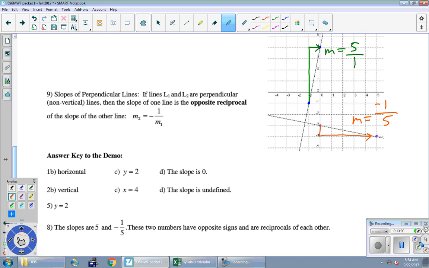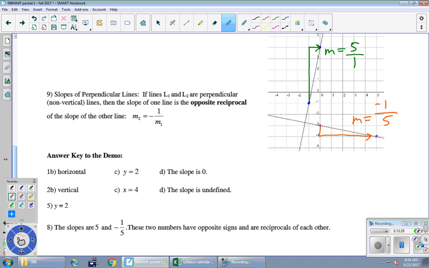Okay. So perpendicular lines means these lines meet at what kind of angles? At 90-degree angles, also called right angles. Okay, so we know what perpendicular means. Now we're looking for a relationship between the slopes. If I tell you the slope of one line is 5 and I want the slope of the perpendicular line, there's 2 things you need to do to this 5 to turn it into the right slope.